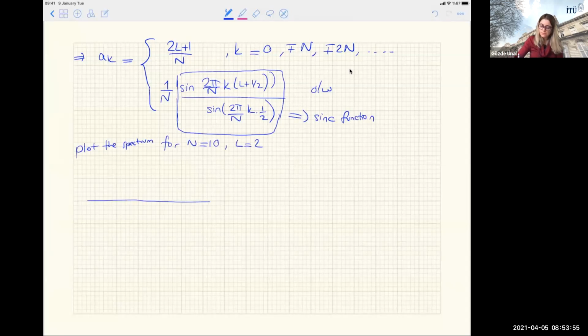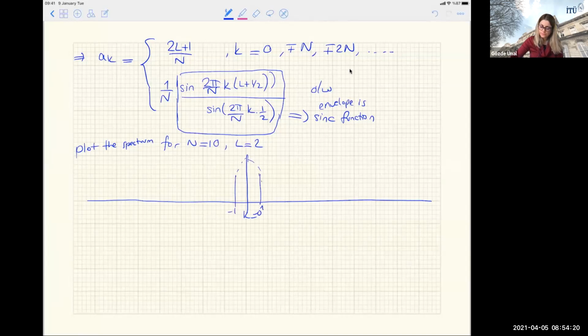It's going to be something like k equals 0, again 1 minus 1. Actually this sinc has a form like this. Maybe I can do an envelope. The envelope is a sinc function.